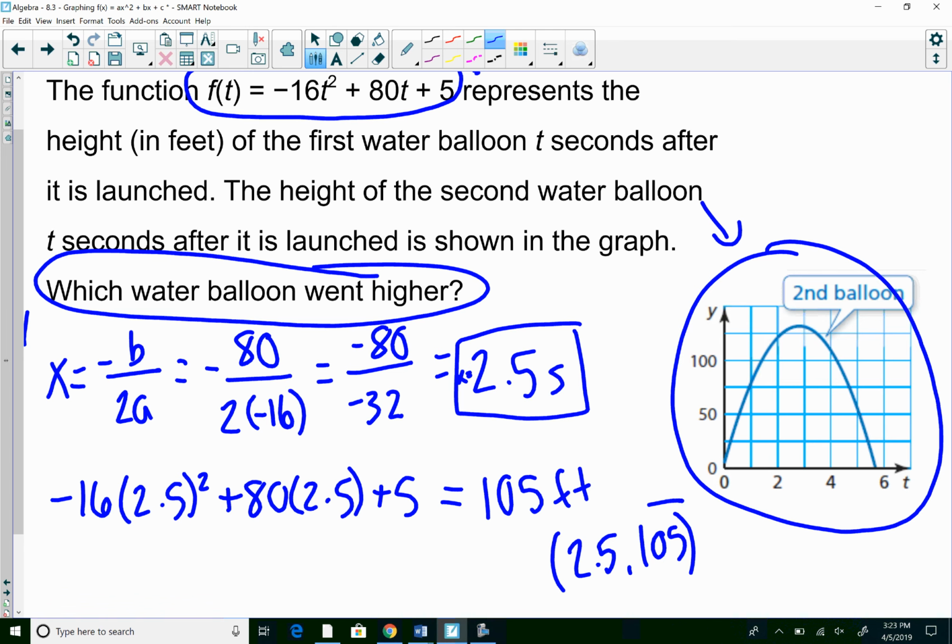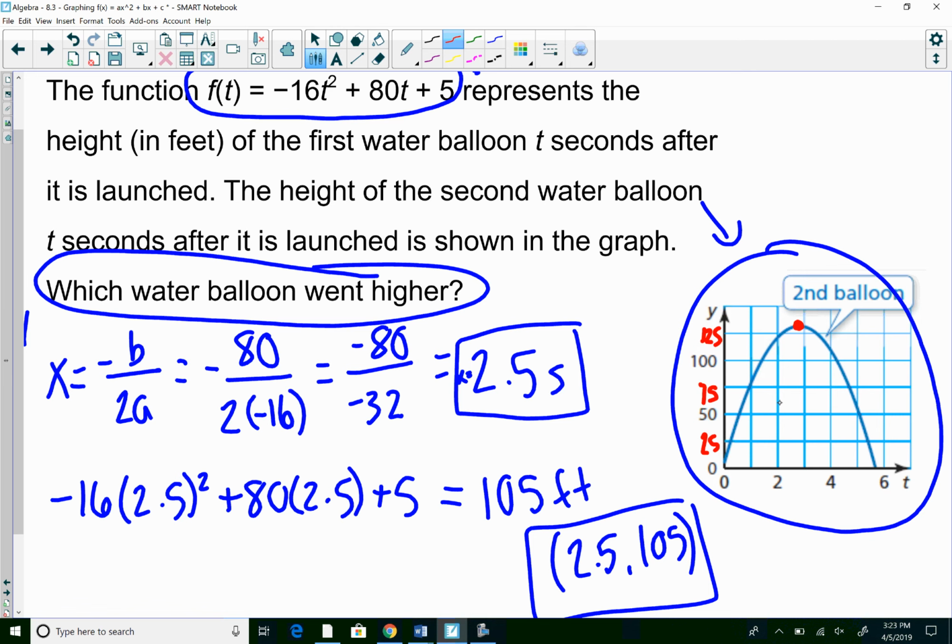Now let's take a look at the second water balloon and see where that is. I'll do this one in red. This vertex is probably about right here, you think? A little bit closer to 3 seconds. Let's take a look at this scale here. Each of these is going to be about 25, so this would be about 125.